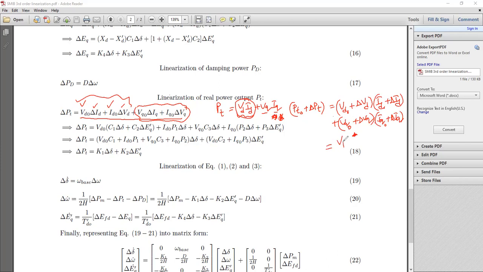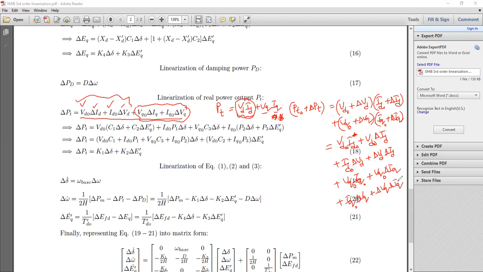And then if you multiply, remove the bracket, VD0 ID0 plus VD0 del ID plus ID0 del VD plus del VD del ID plus VQ0 IQ0 plus VQ0 del IQ plus IQ0 del VQ plus del VQ del IQ.